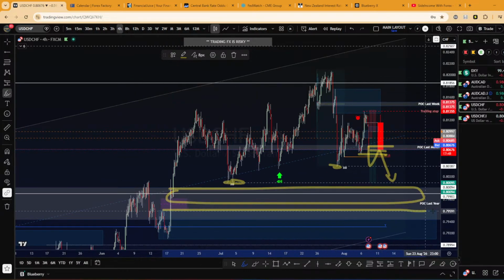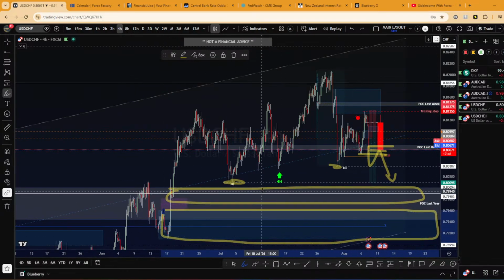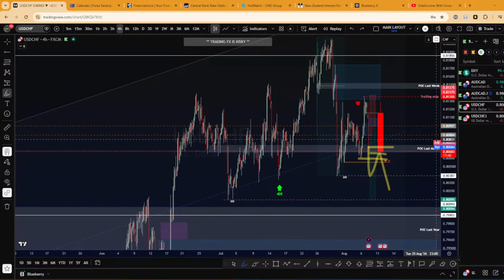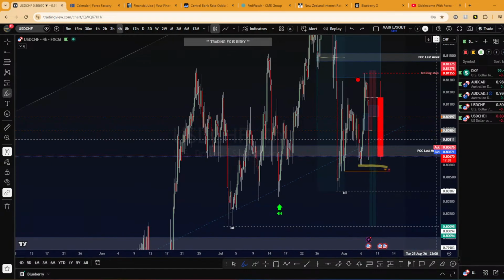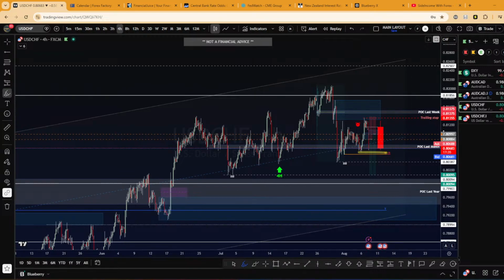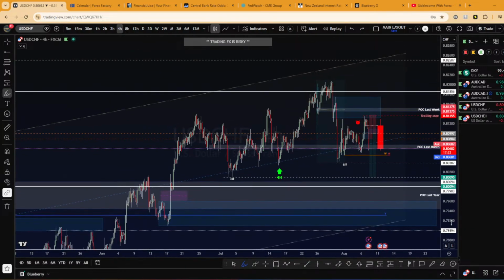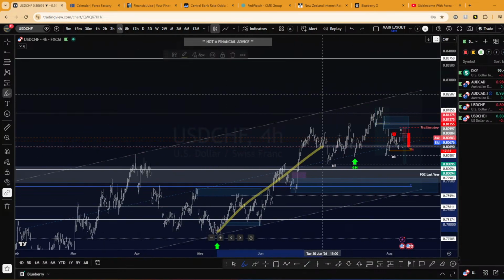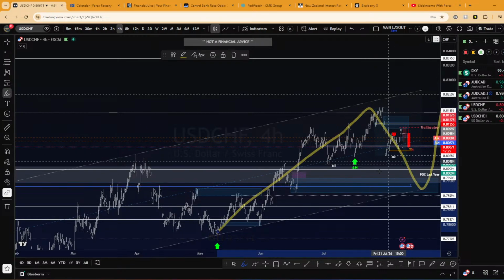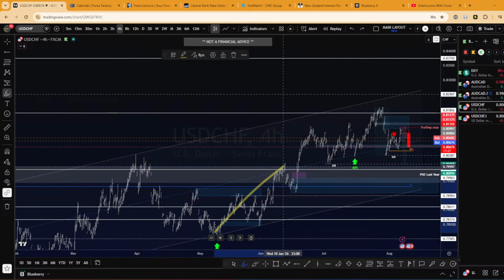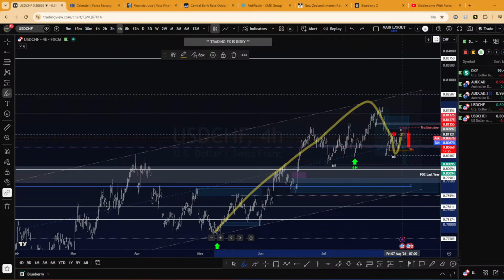We also have this demand, but I don't want to put my stop loss very far, because remember, on the higher time frame we are bullish. This could potentially be a counter trend, to be honest, because we expect a continuation, so price could easily stop here and continue the move.